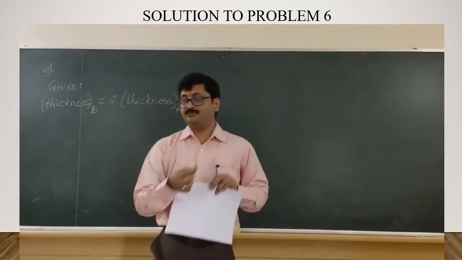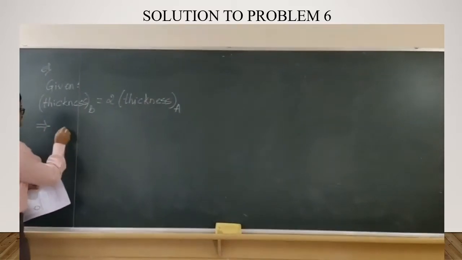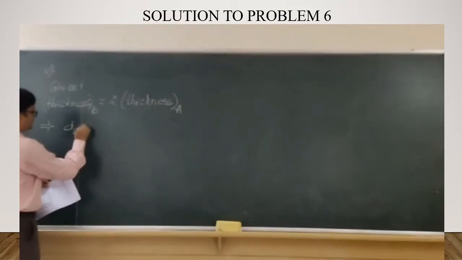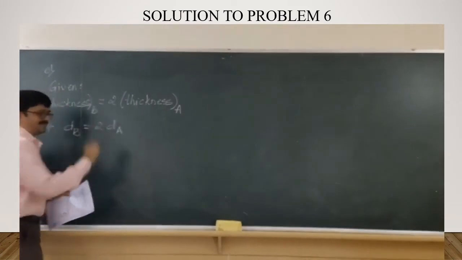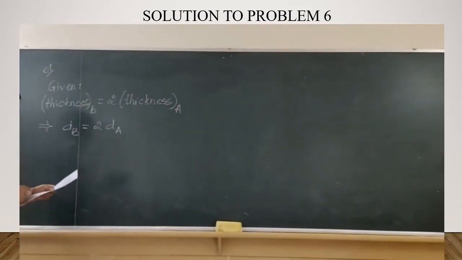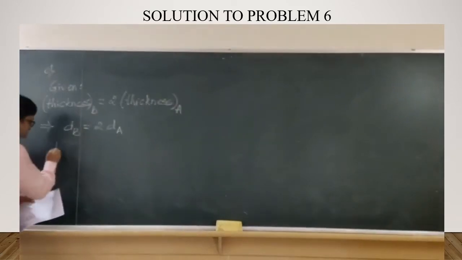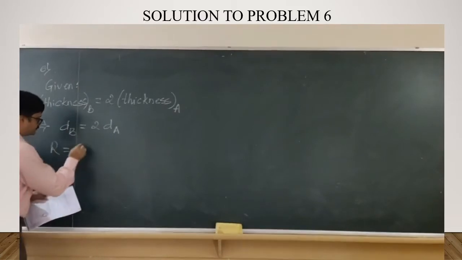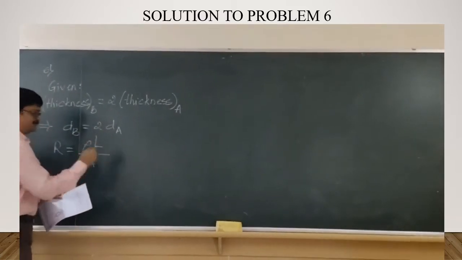So very clearly, this implies the diameter of B is 2 times the diameter of A. This is one thing that we should remember. Okay, fine. And here we will make use of resistance R is equal to rho L divided by A.